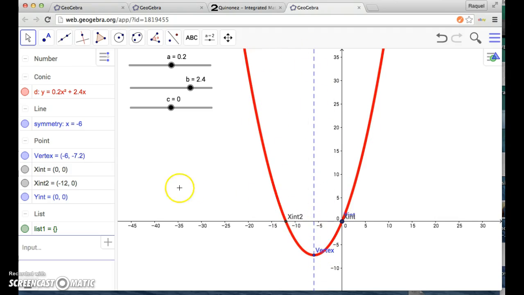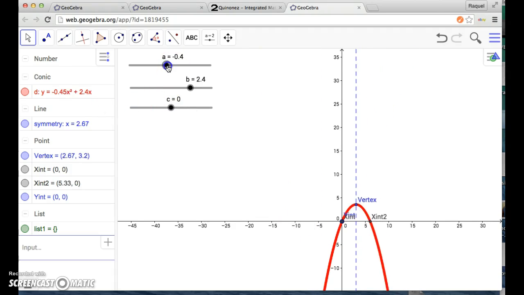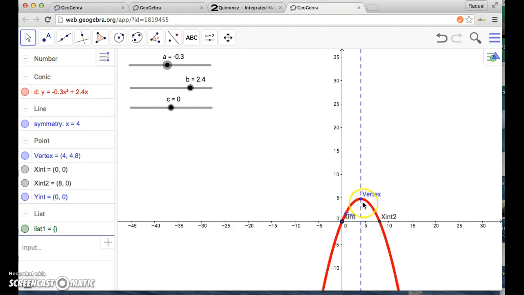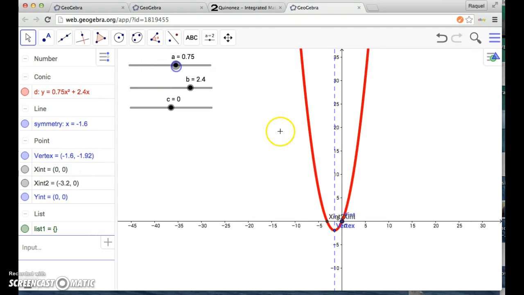The lowest point of this parabola is called a vertex. And if the parabola is negative, it's also called a vertex, but it's called the absolute maximum. But if the parabola is positive, it would be called the absolute minimum.